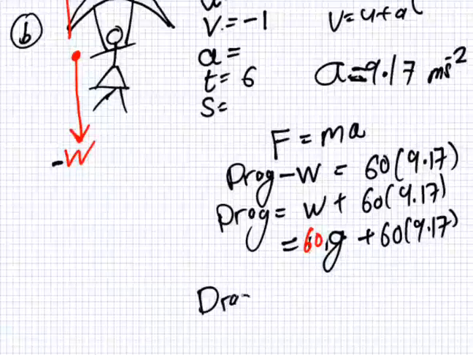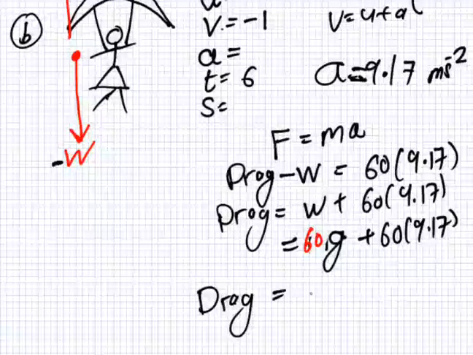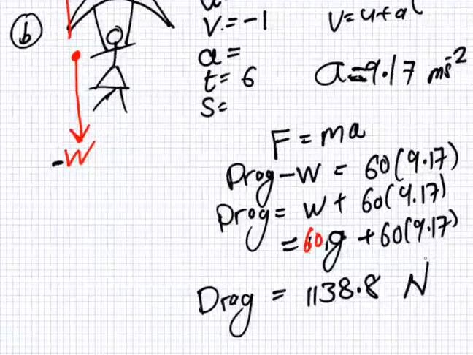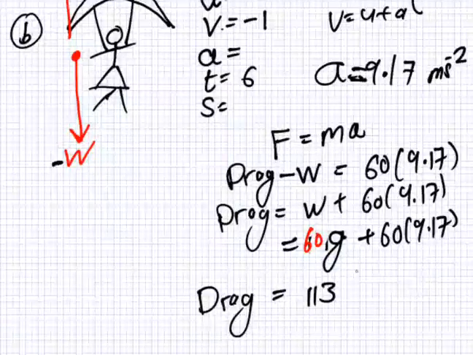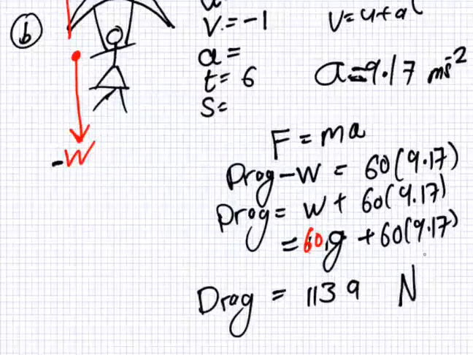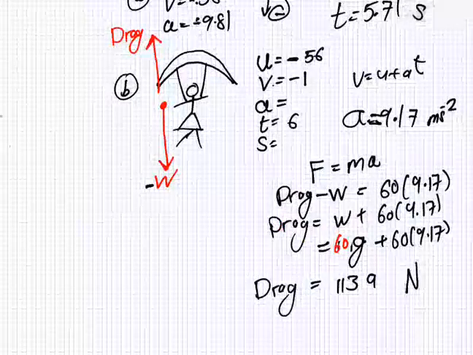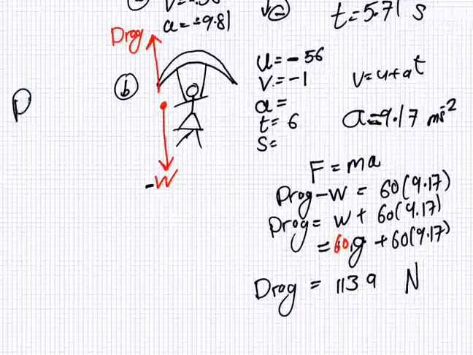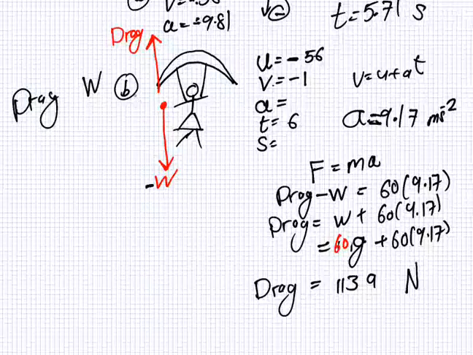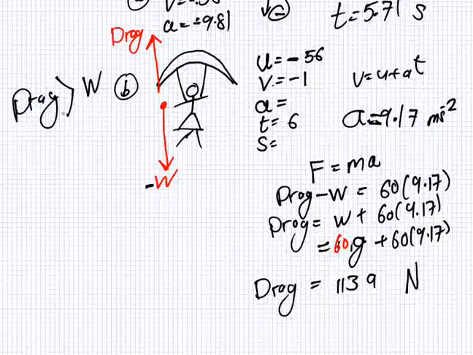60 times 9.81 plus 60 times 9.17, and I get drag equals 1138.8 newtons.